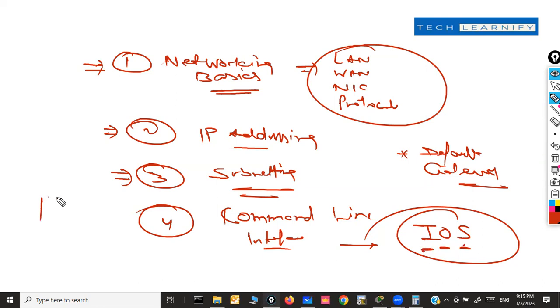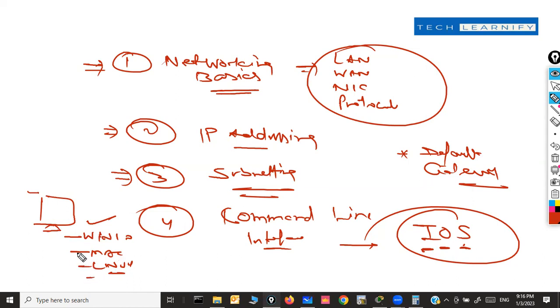As we understand, on computers, if we run Windows 10, Windows 10 is an operating system. If you are running Mac or Linux or any other Linux flavor, it's all a different operating system.